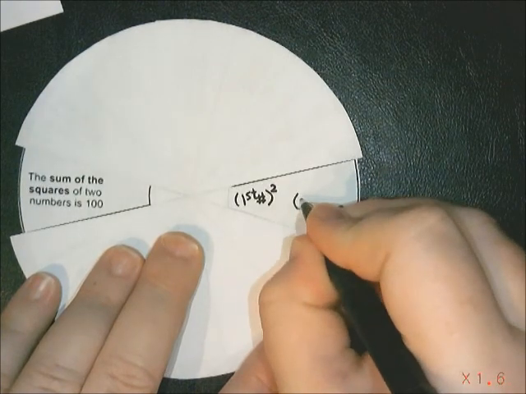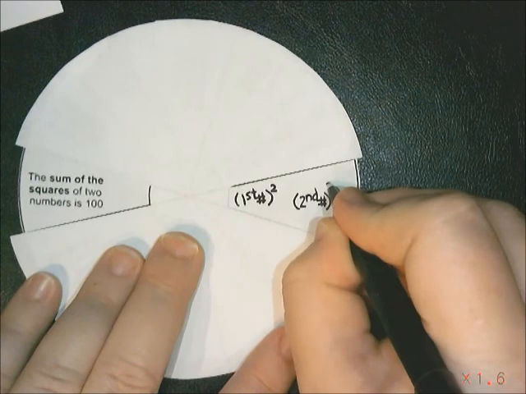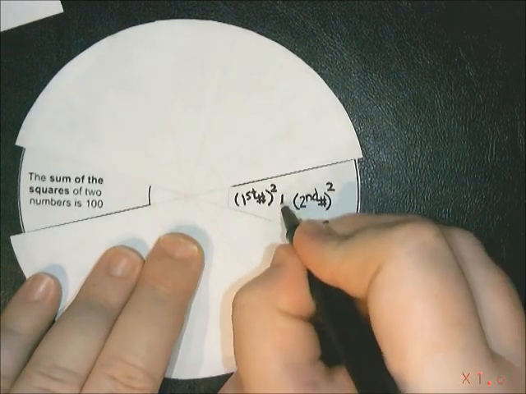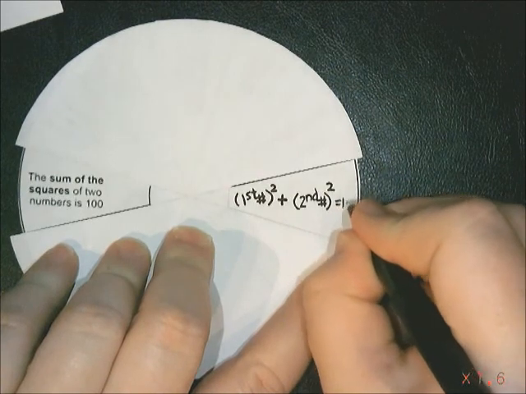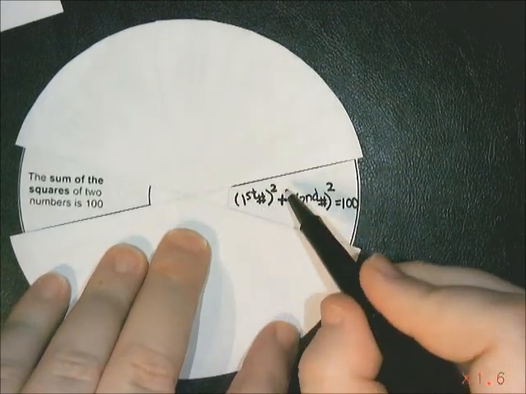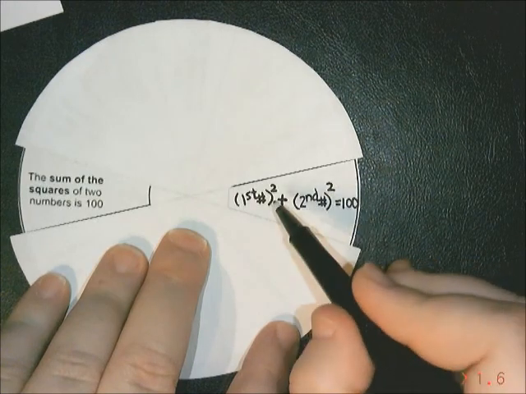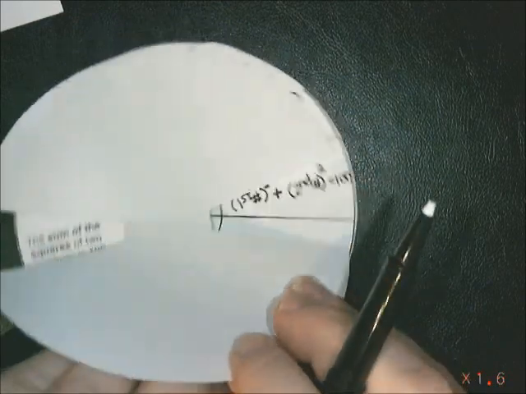And then you take the second number and square it. And if you add those two together, that's the sum part, that's going to equal 100, right? So you take your first number squared, the second number squared, you add them together, they equal 100. Okay, let's try the next one.